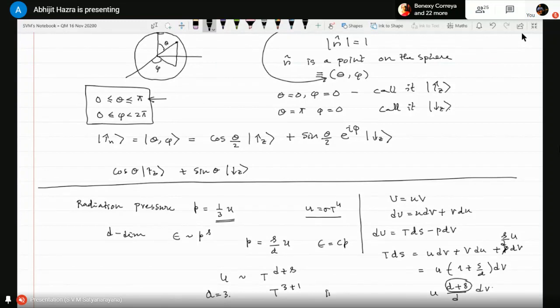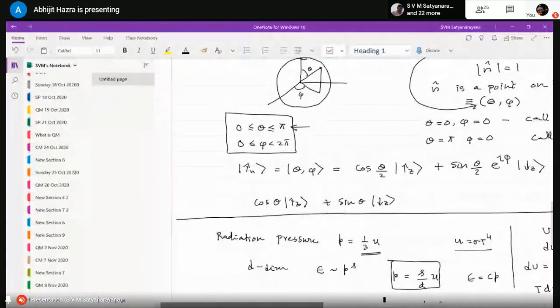So in 2 dimensions it will be T cube. What you said is correct, but this is the crucial relation: radiation pressure is related to s by d. Is that okay?